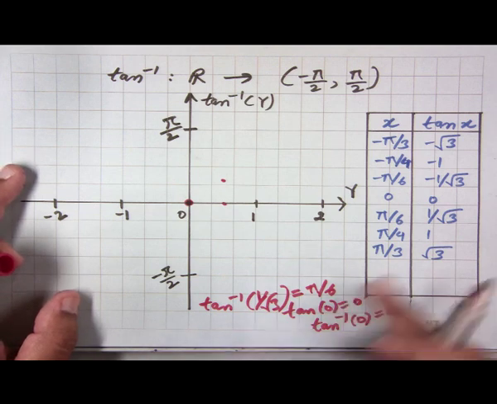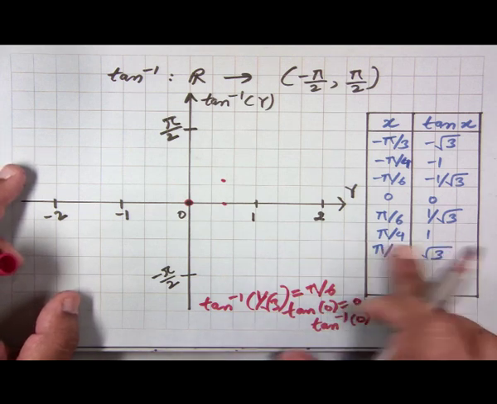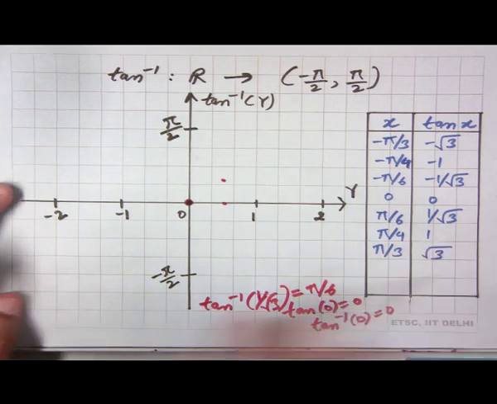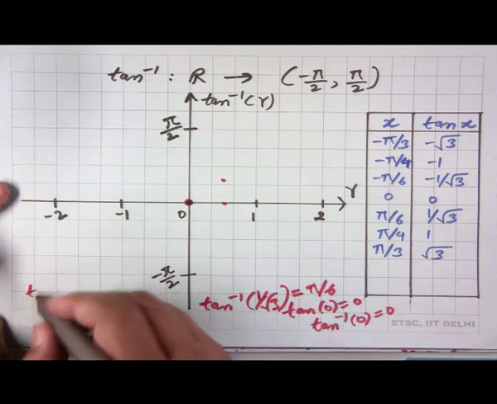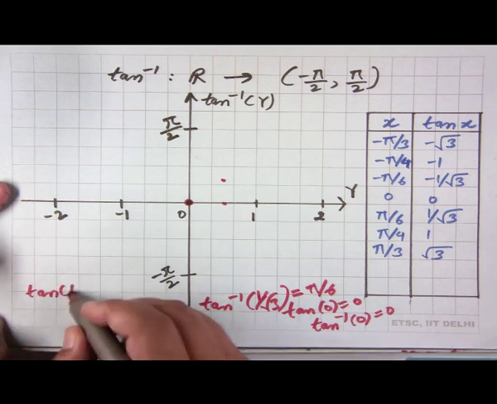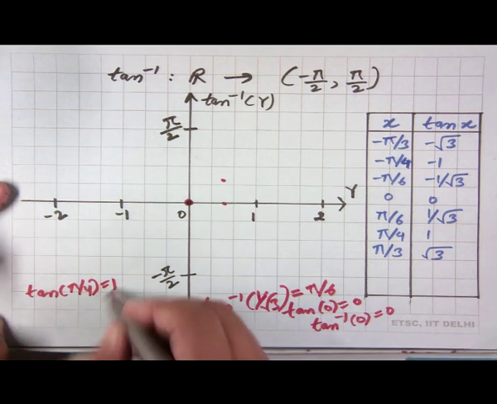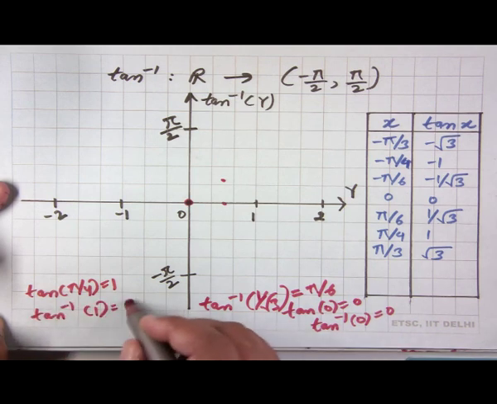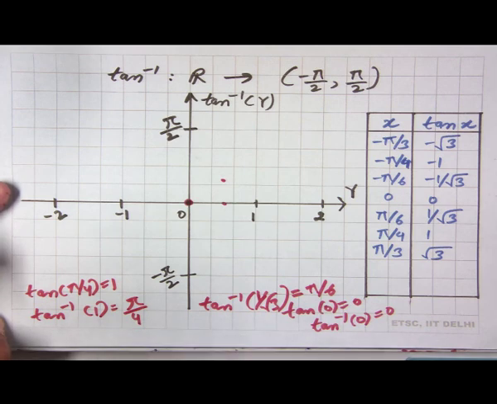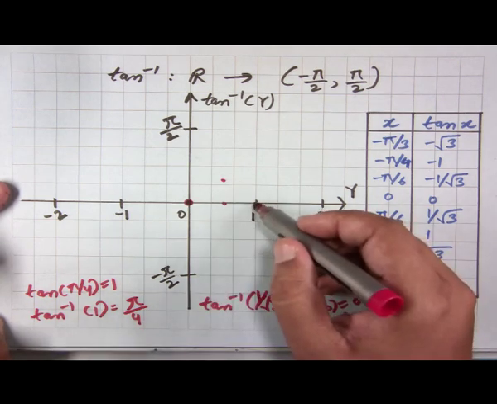And then of course we know that tan of pi by 4 is 1, and since tan of pi by 4 equals 1, it follows that tan inverse of 1 will be equal to pi by 4. So tan inverse of y equal to 1 will be pi by 4.